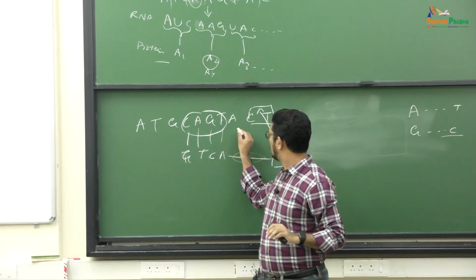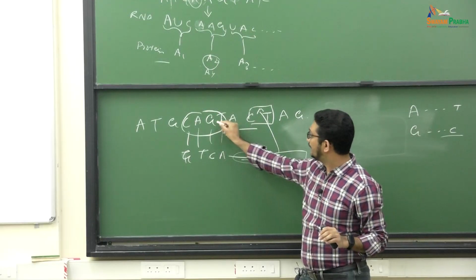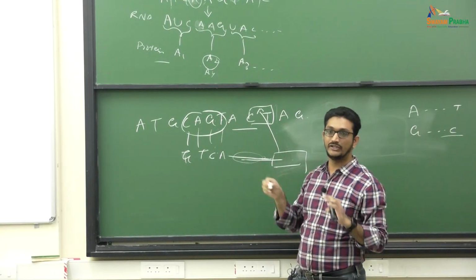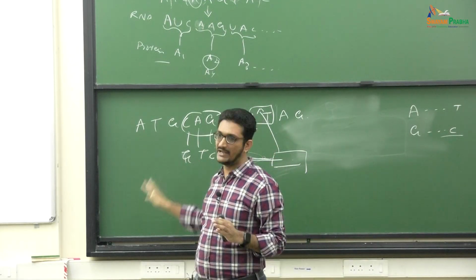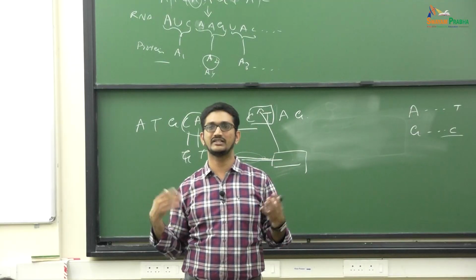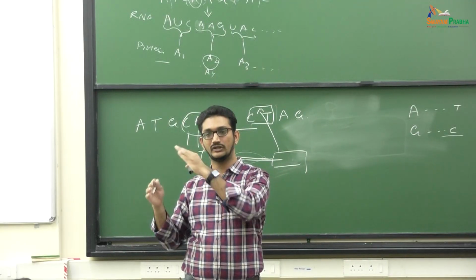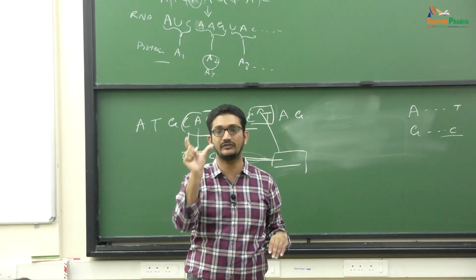So you also include this part, and then you increase the length in such a way that it will only bind to this specific region and will only cleave somewhere here. Because there are only 4 bases, there is a good chance that there is a repetition. So you have to make sure that you come out of that repetition so that you have a DNA guide molecule that will bind to the specific location that you want.